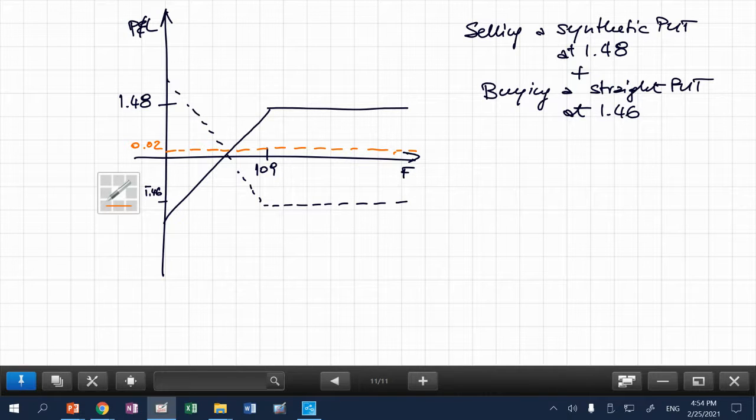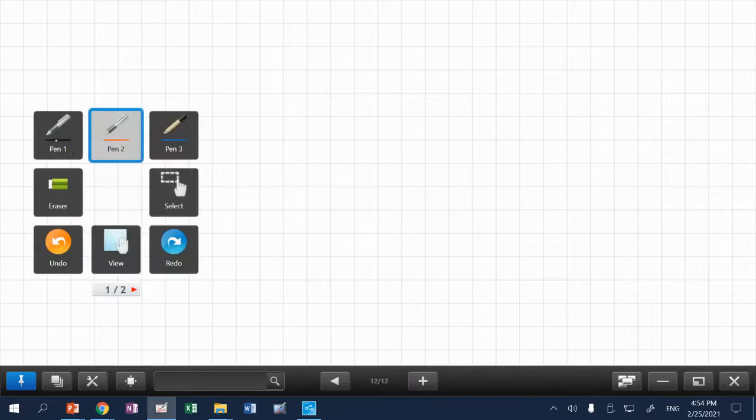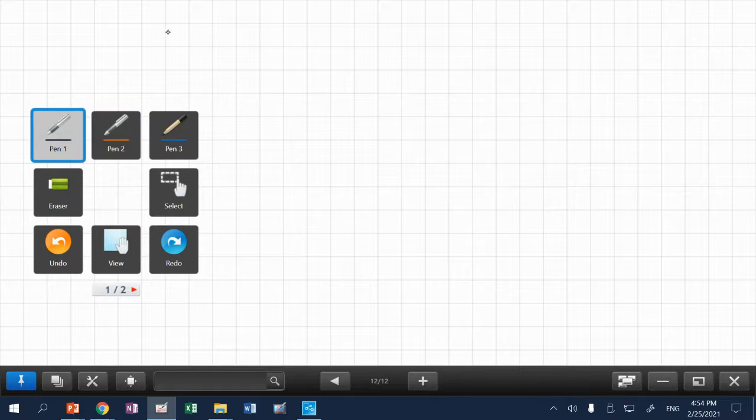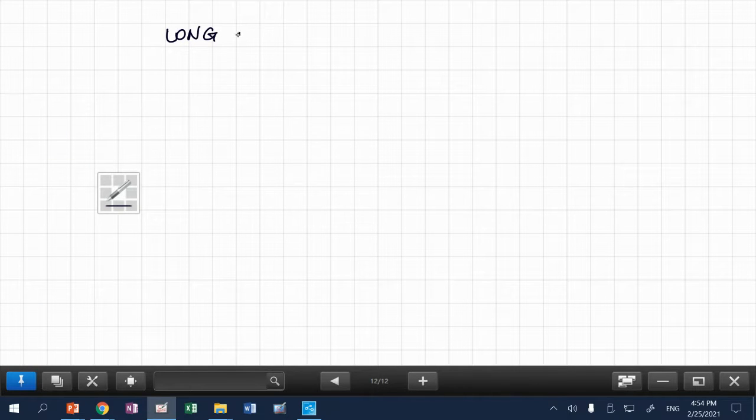Now, what we have been seeing today as a consequence is that the put call parity not only tells me that if I have a long call plus a short future, this is equivalent to a long put.